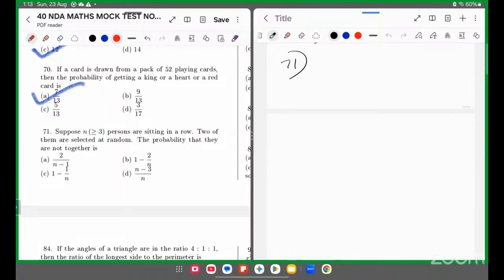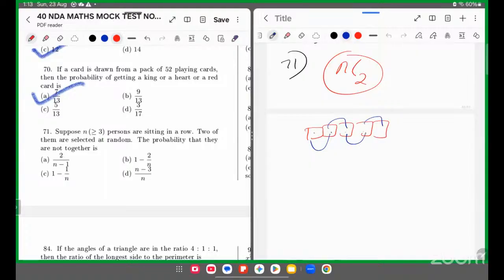So total number of ways is nC2. Then how many adjacent pairs are there? These are two adjacent, these are two adjacent, these are two adjacent.